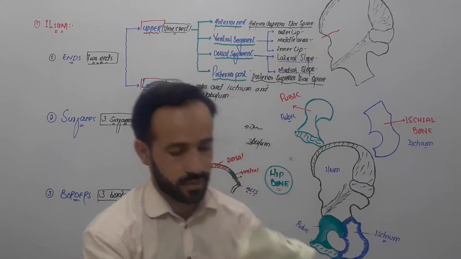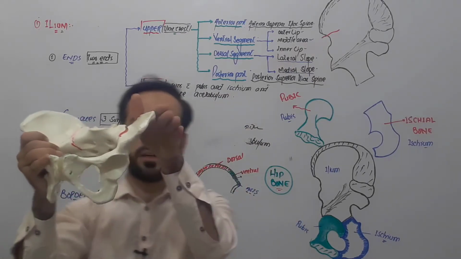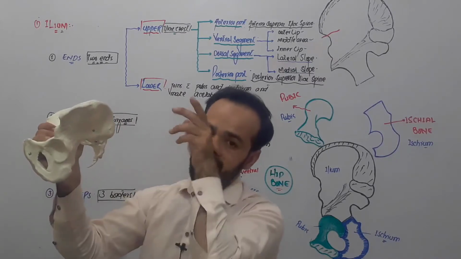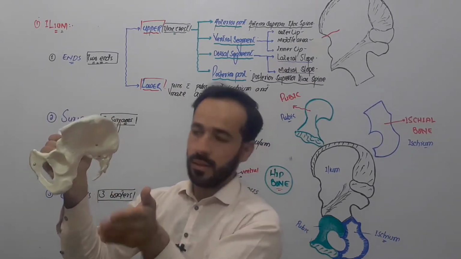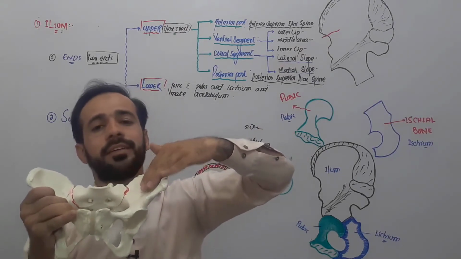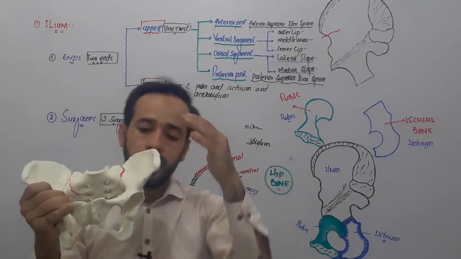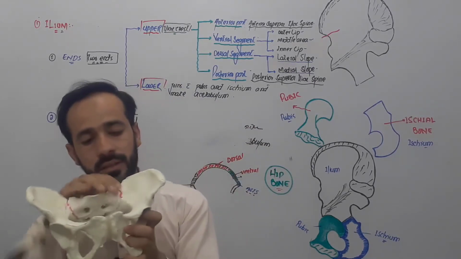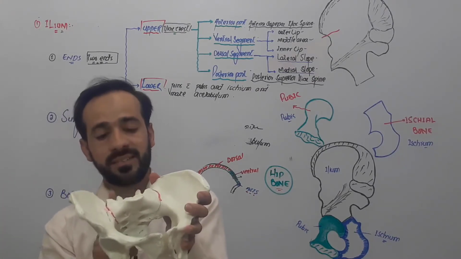Okay, let me show you here. This one, right? So look carefully. Here is the gluteal surface of the ilium, right? So here are the gluteal muscles. Then this is the medial surface, or you can call it the iliac surface, right? Okay, and then there is the part which makes a joint with the sacral vertebra.